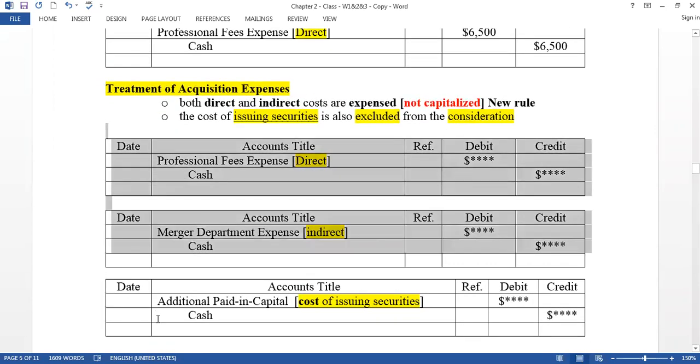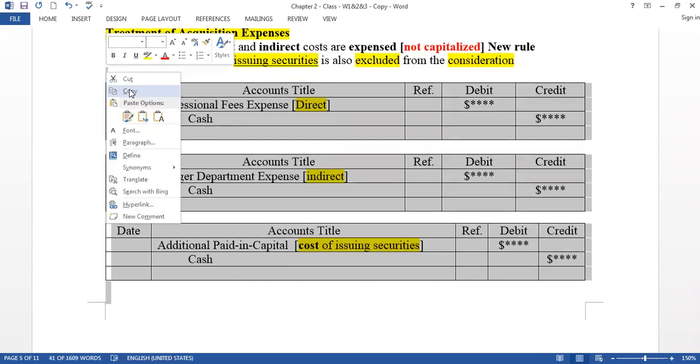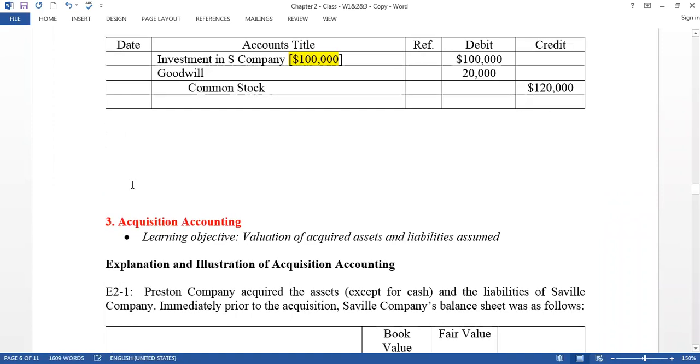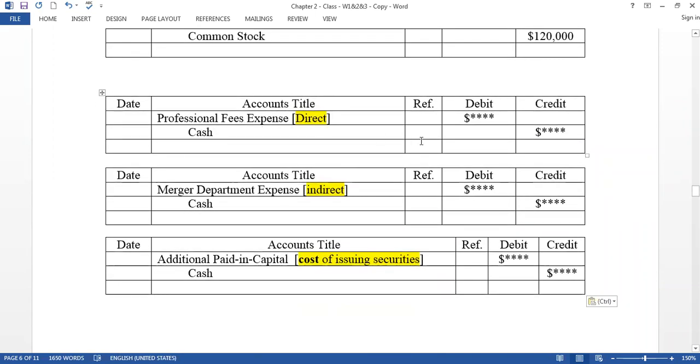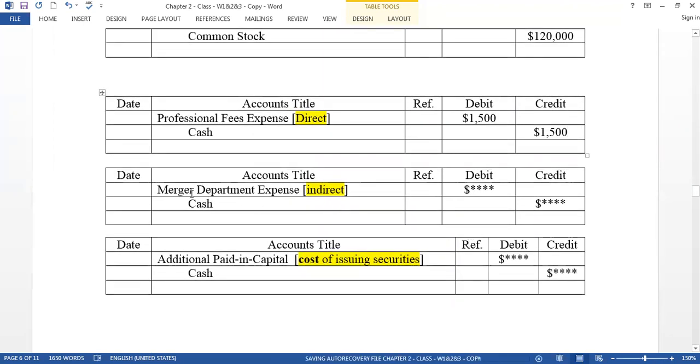Now I can copy this from here. So professional fees expense debit, and it is $1,500. Then we have merger department cost. This one is 2,000.